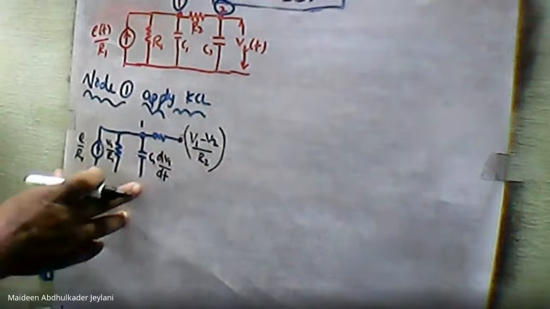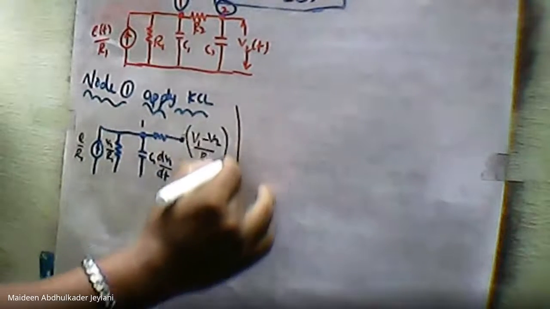Now it is easy to write the KCL equation. Kirchhoff current law: the algebraic sum of current entering the node equals the algebraic sum of current leaving the node. So the current entering is the current source available in the electrical network.